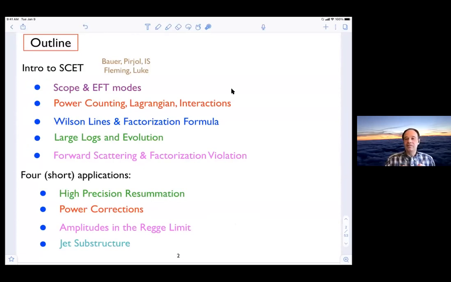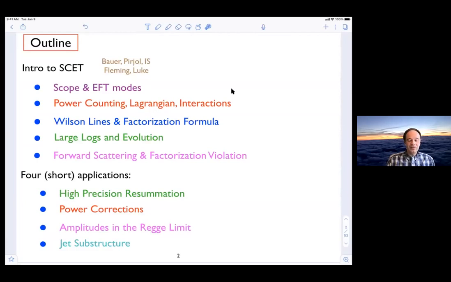And then for applications, I decided to highlight a few particular applications, picked to highlight different aspects of SCET because it's a pretty broad field. I've also picked them to highlight some work going on by members of my group.